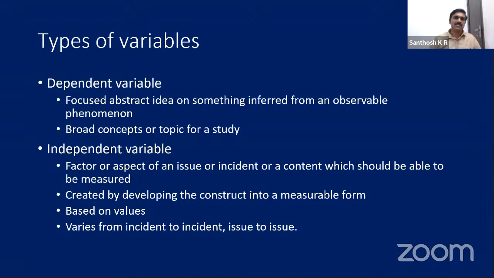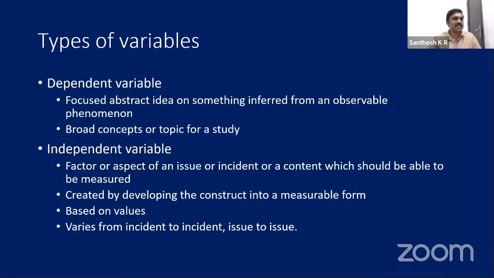Now, variables are what we use in research because we want to find out how it varies. And we used to call something dependent variables and some other thing independent variables. Now, what are the dependent variables? Dependent variables always depend on the independent variable. That means the dependent variable will change because the independent variable has changed. Now, who will change the independent variable?